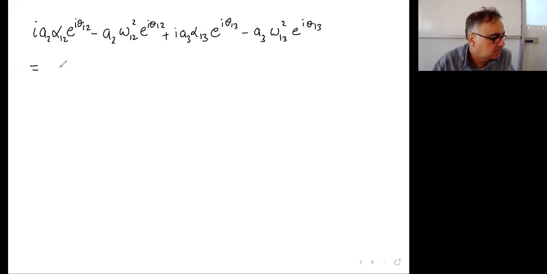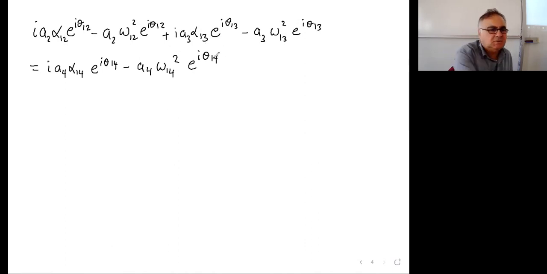Equals. So this is the acceleration equation, okay?